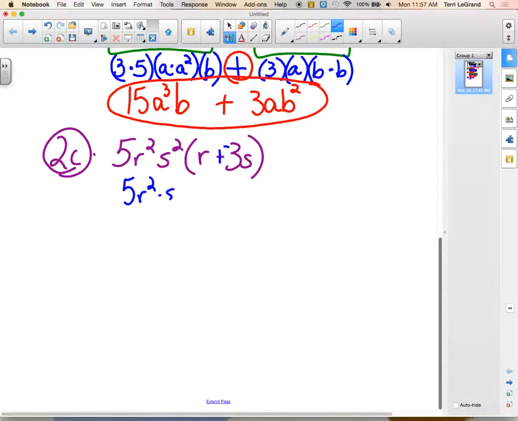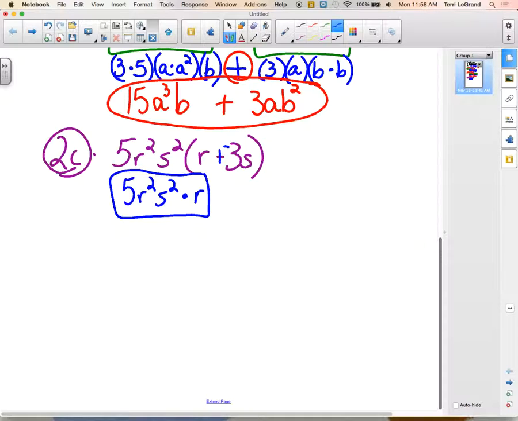It's got a few pieces to it, so we want to make sure that monomial has to be multiplied times the r, the first term of our other polynomial. So there's one of our multiplications right there.